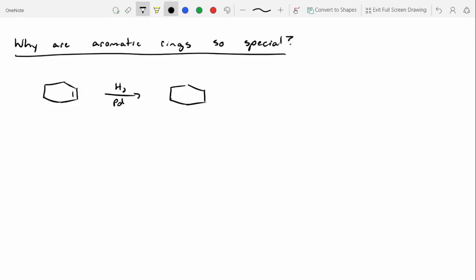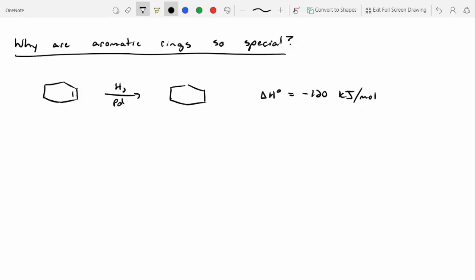And you can do this experimentally in a calorimeter and measure how much heat is evolved in this reaction, right? So in this reaction, it is exothermic, and the heat is negative 120 kilojoules per mole.